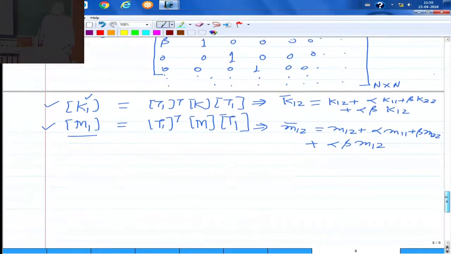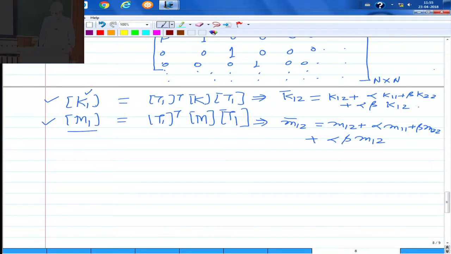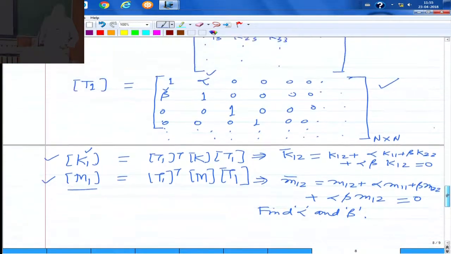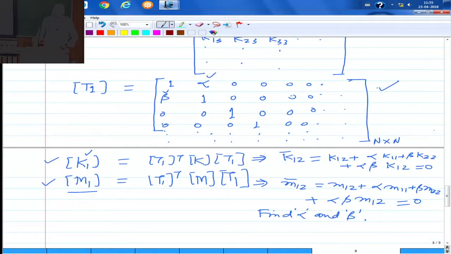And now you want to find alpha and beta in such a way that this is equal to 0 and this is equal to 0. So from this you find alpha and beta. Once you find alpha and beta, then your T1 matrix is known, and after you do this multiplication, you have your K1 and M1.